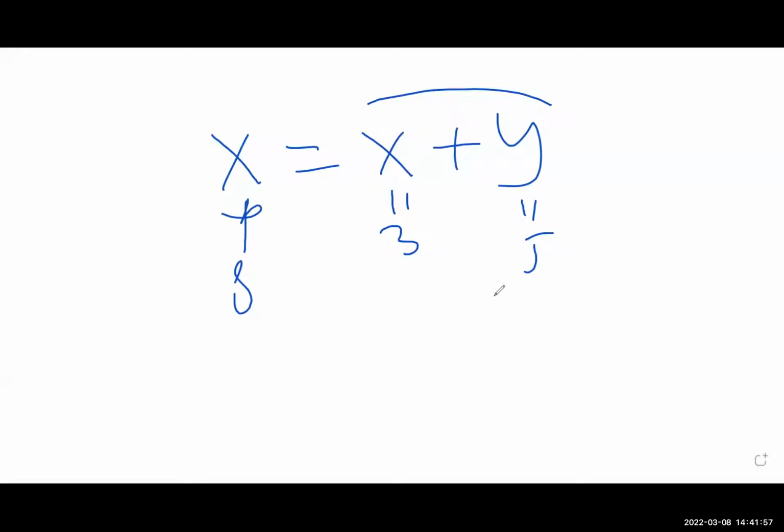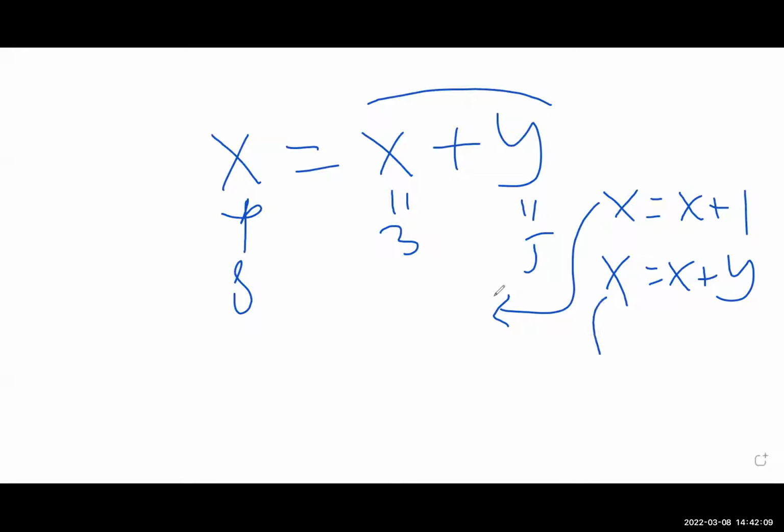So this kind of formula, x = x + y or x = x + 1, can be shortcut. So this is x += 1. This one is x += y.